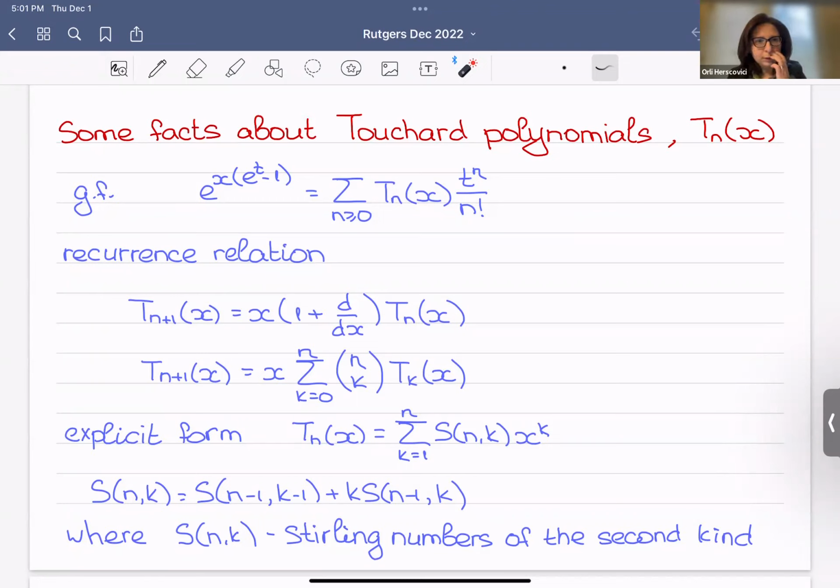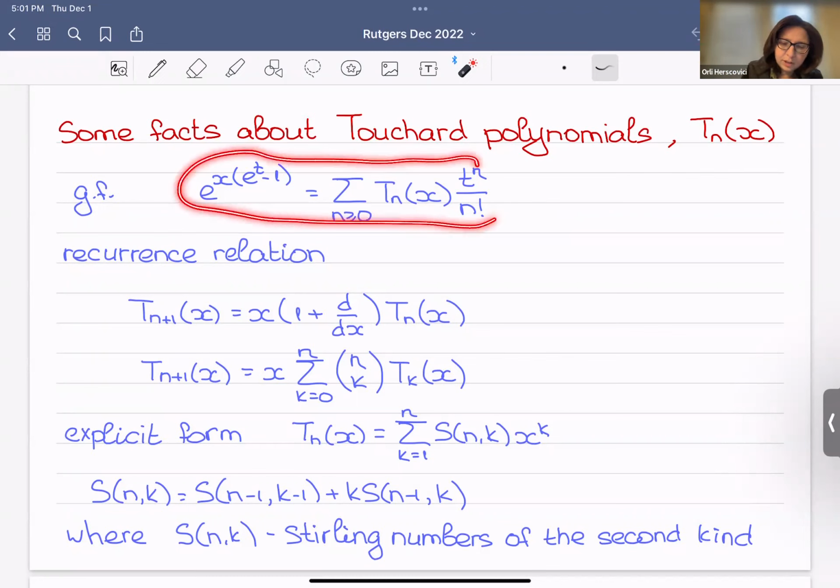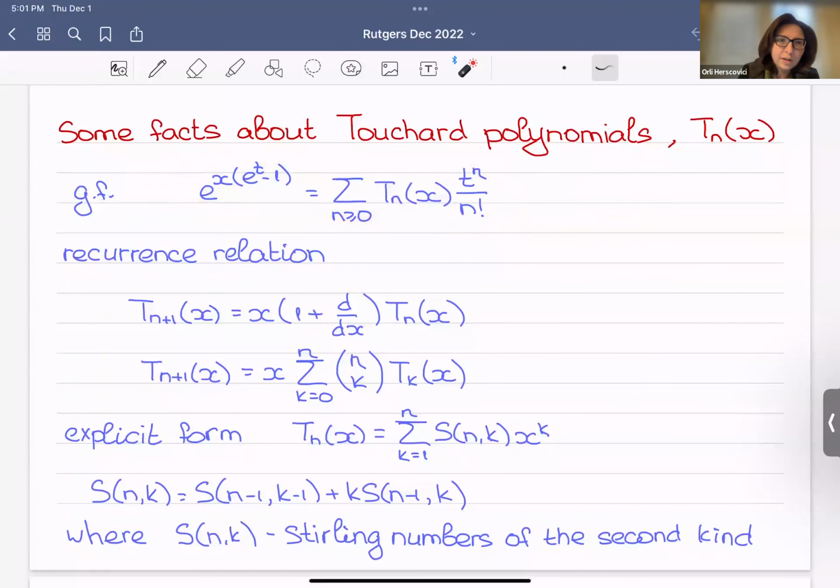about Touchard polynomials. So first of all, Touchard polynomials can be defined in a few different ways. For example, we can define them via a generating function. Here we have two exponential functions, e to the x times e to the t minus 1. We can define them by a recurrence relation.